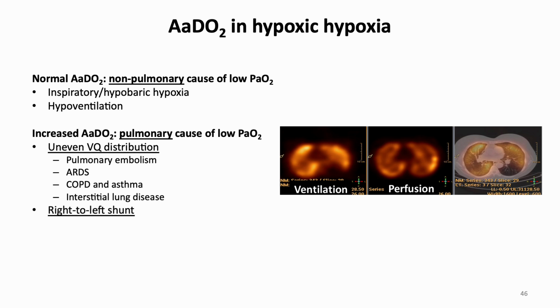Right to left shunting was another mechanism of the non-zero ADO2 in the healthy state, and right to left shunting may of course also be present in some disease states, for example congenital heart disease, but also atelectasis and pneumonia may give rise to shunting of blood from the right to the left side of the lung.